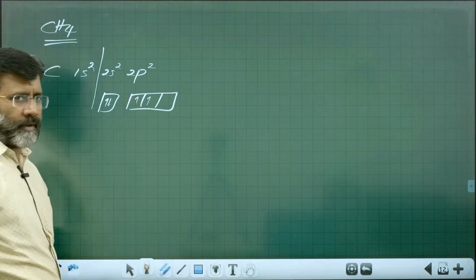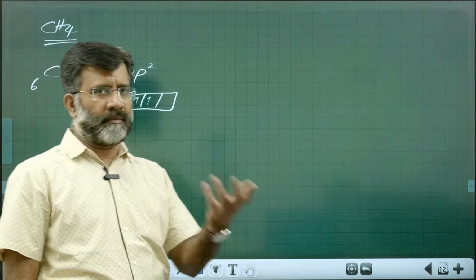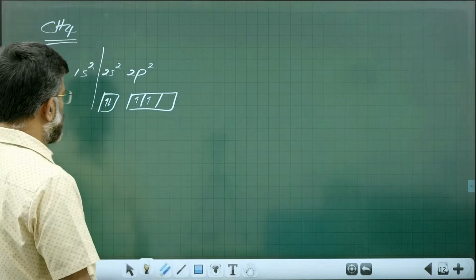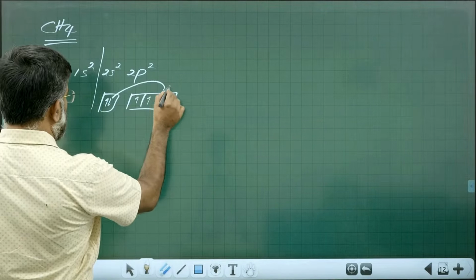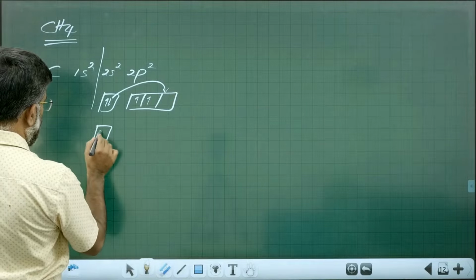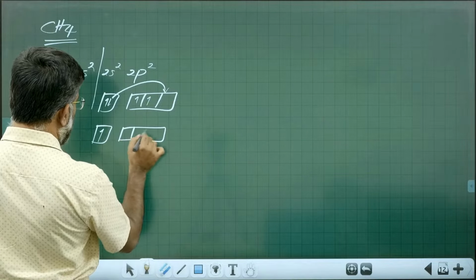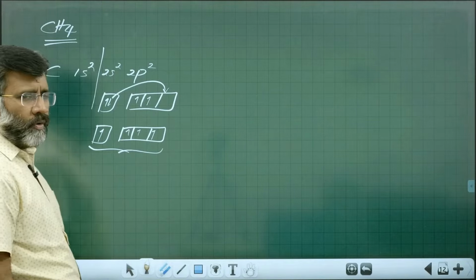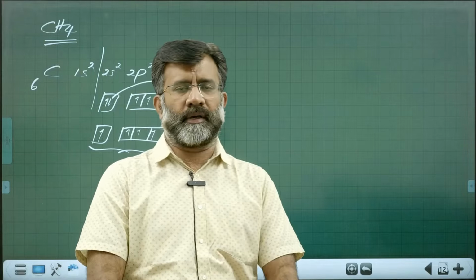This is the electronic configuration of carbon. We know carbon is tetravalent. How is carbon tetravalent? Very simple. Upon excitation, one of the electrons shifts to the empty p orbital, and the p orbitals contain one electron each. Now you have 4 orbitals ready to make a bond.